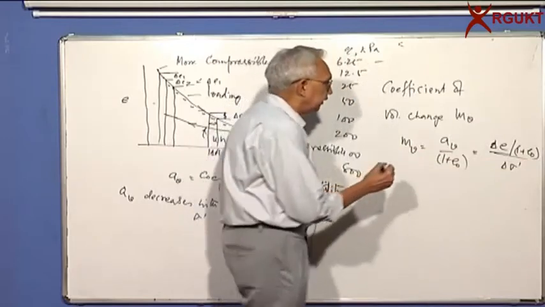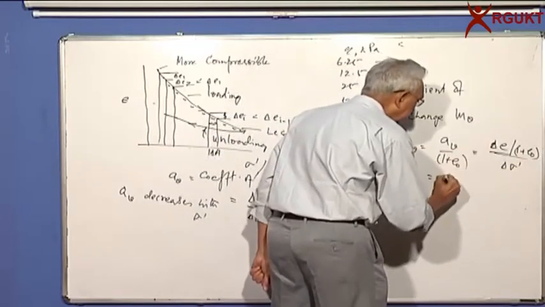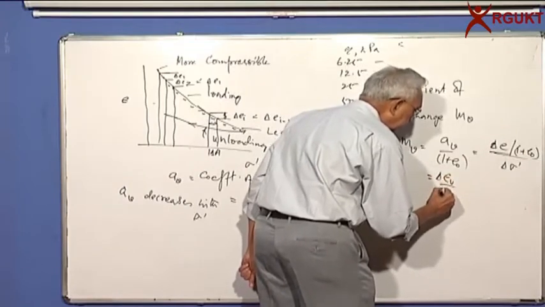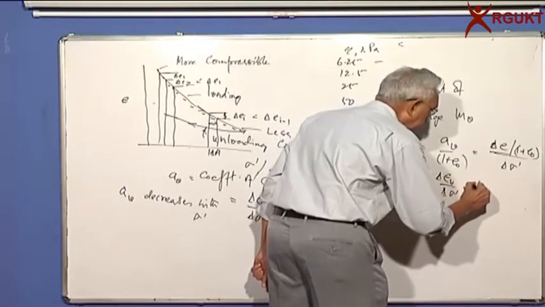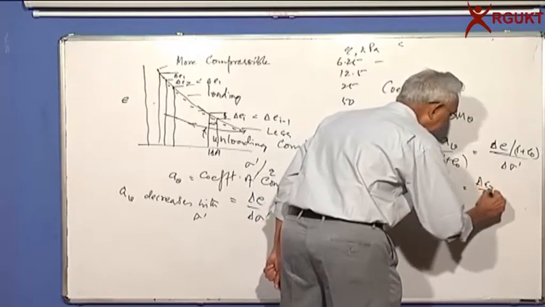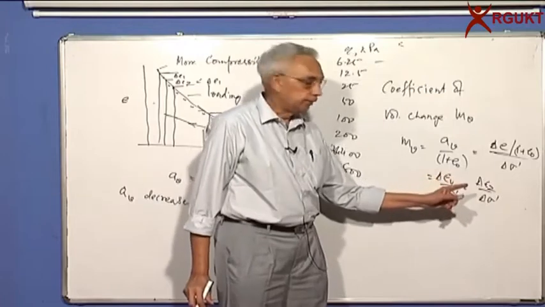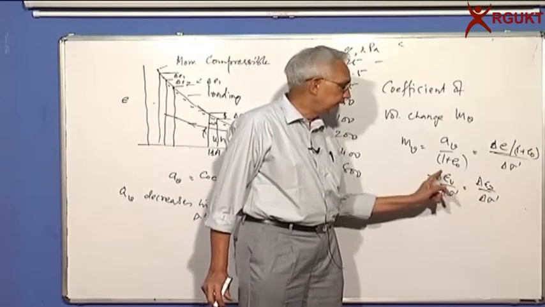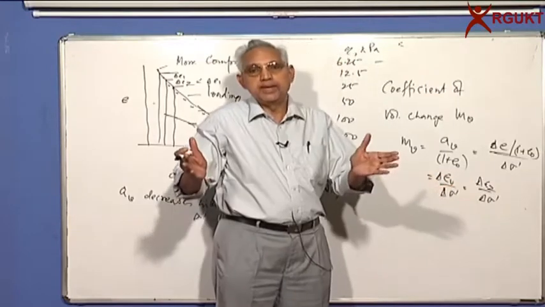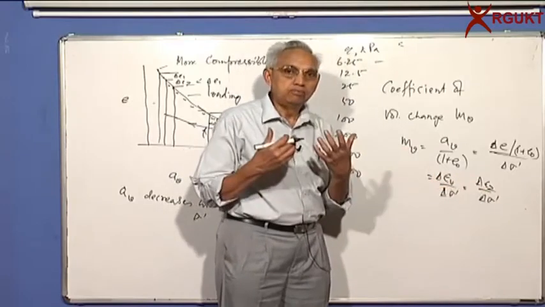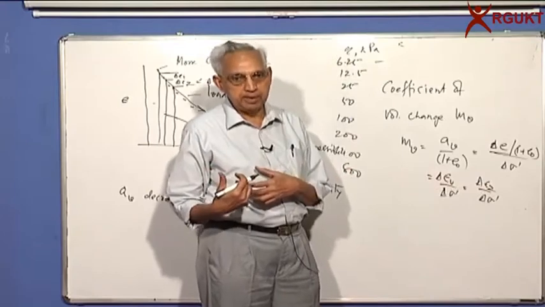Now you can see that this is nothing but the change in volumetric strain by delta sigma prime, or I can say vertical strain by delta sigma prime. You agree that the axial strain is equal to the volumetric strain because the area remains constant. If the area remains constant, vertical strain is equal to the volumetric strain.